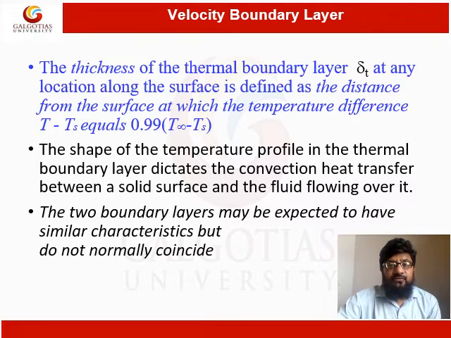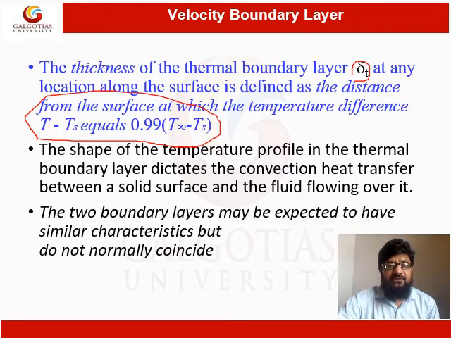So the thickness of the boundary layer del T can be defined by this concept: wherever in the normal direction T minus Ts equals 0.99 of T infinity minus Ts, where T is the local temperature at that point.